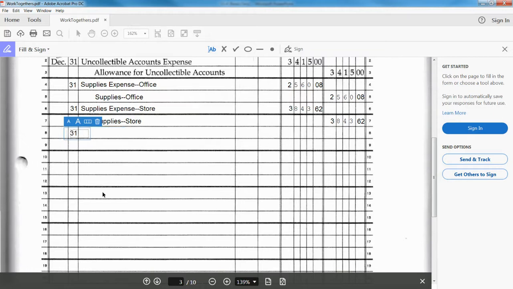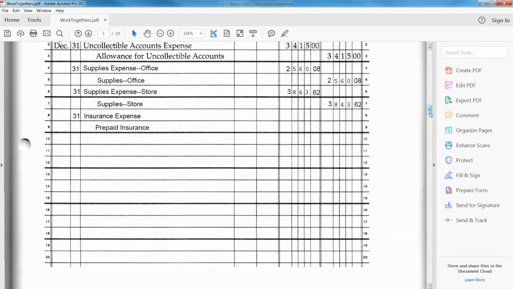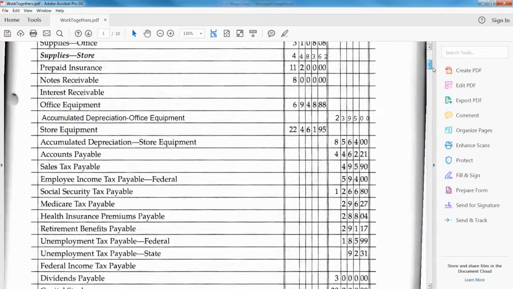And then we have one more adjusting entry, and that last adjusting entry is for insurance. So it's still the 31st. We are going to debit insurance expense, and we are going to credit prepaid insurance. So now we need to look for the balance of our prepaid insurance.